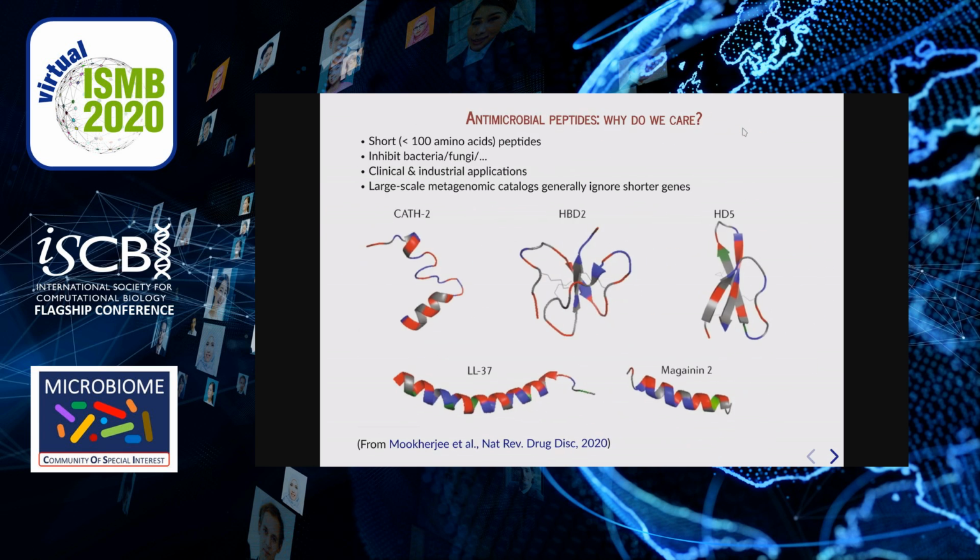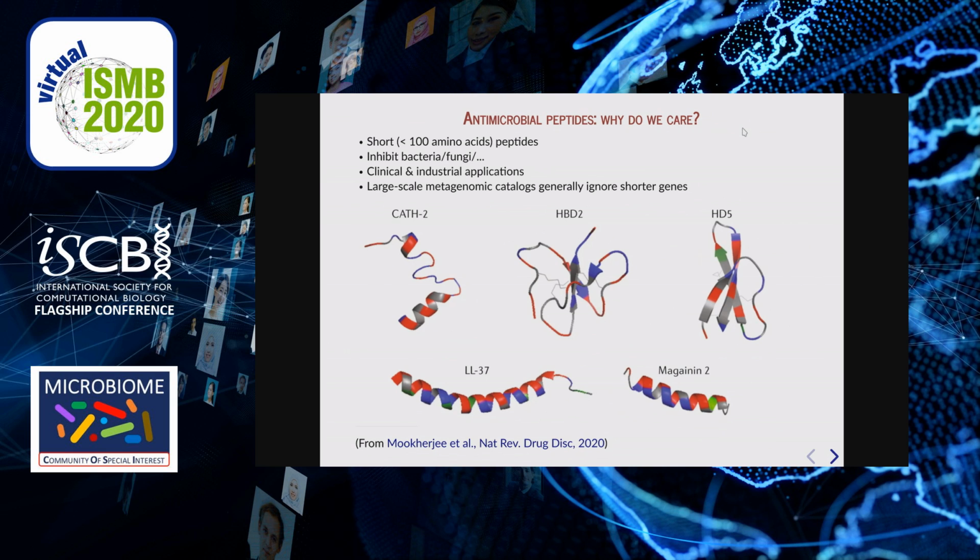So let me start by telling you what antimicrobial peptides are, and why we even care about them. While there is no widely accepted strict definition of when a peptide is long enough to be called a protein, here we've operationalized it to say up to 100 amino acids, so short peptides.